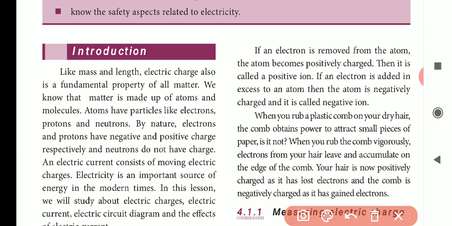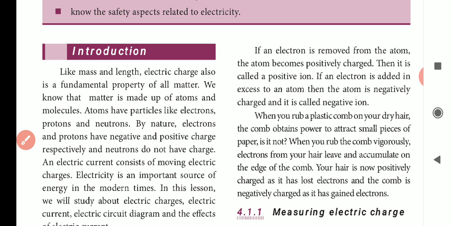Take Na, sodium, atomic number 11, with configuration 2, 8, 1. You remove one electron from the atom, and it becomes an ion because the electron is removed. This is the positive ion.